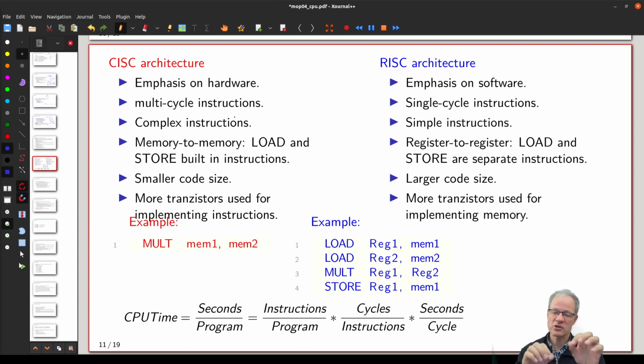For example, you can have an instruction that copies an entire string from one place to another. It has to loop through all the bytes in the string, and we have to provide the memory address where the string starts and where the target buffer is. But it can do it. That was the philosophy in the earlier days of computers. That's actually how the x86 architecture was created and still works, so to say.